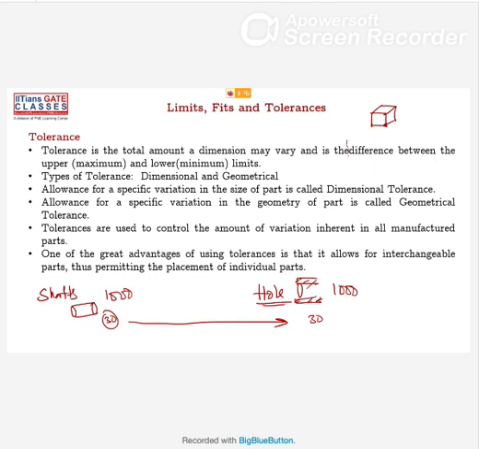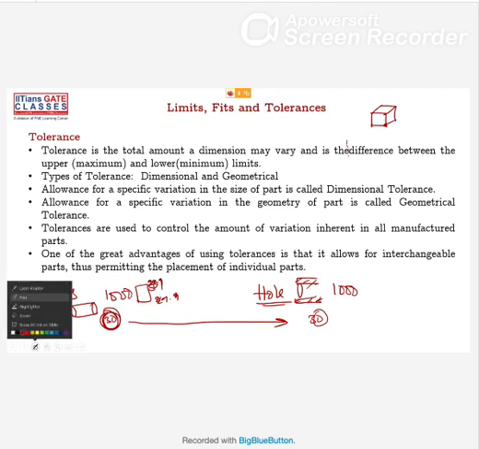But if you keep a tolerance limit like 29.9 and 30.1, almost all the shafts can go into almost all the holes. Any shaft can be picked up and put into any of the holes. That is why it is called interchangeability. You can keep any shaft into any hole. That's called interchangeable parts.